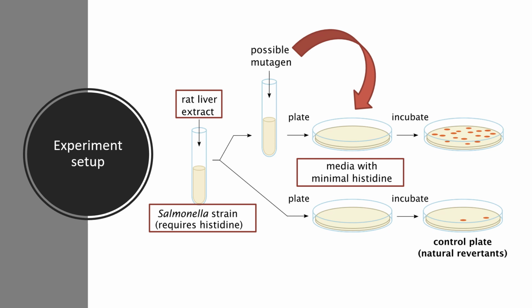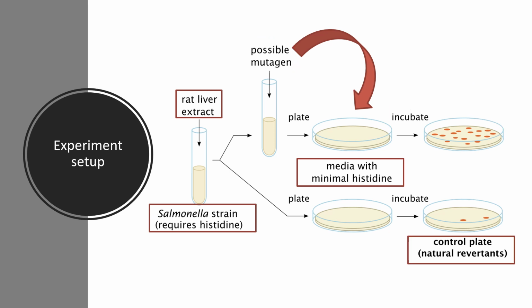You can consider that this plate lacks histidine. So the organism, which is a histidine auxotroph, will not normally grow on this plate. But only if this organism is mutating due to the mutagen, you will get colonies on the plate, which will indicate that the strain is getting mutated due to the possible mutagen that you are adding.